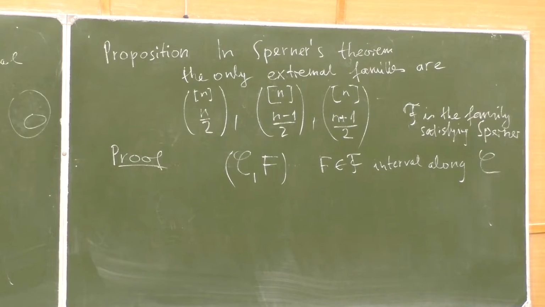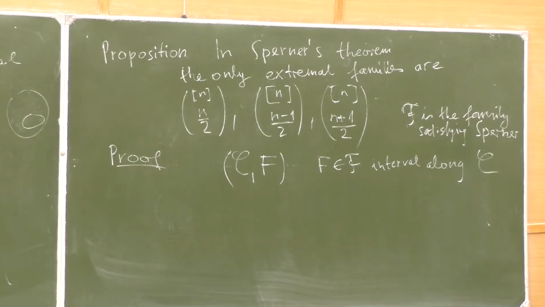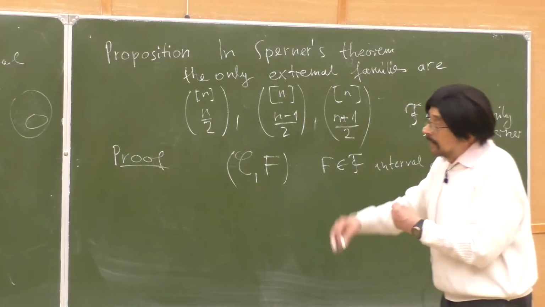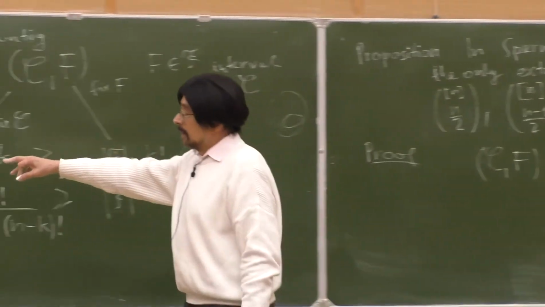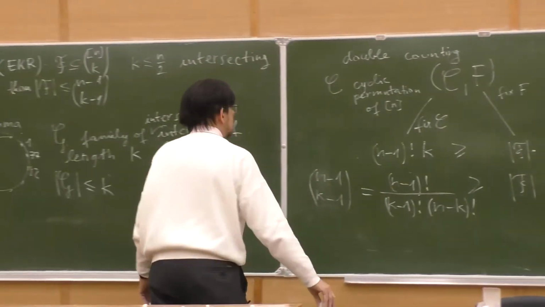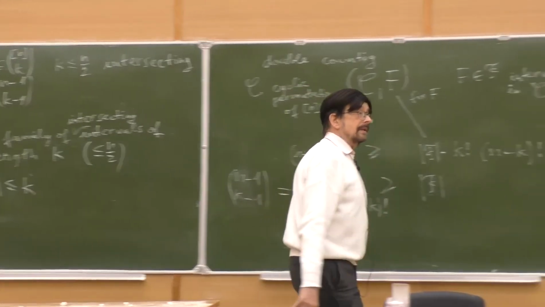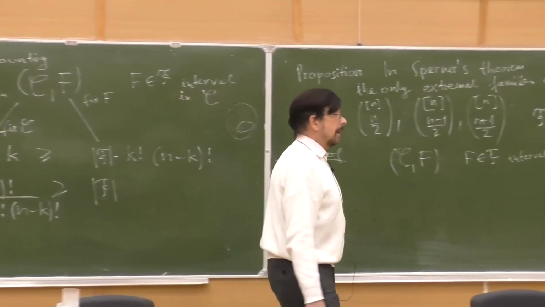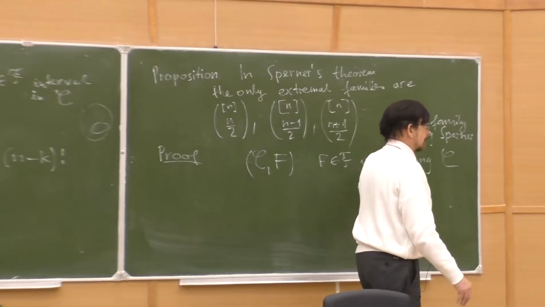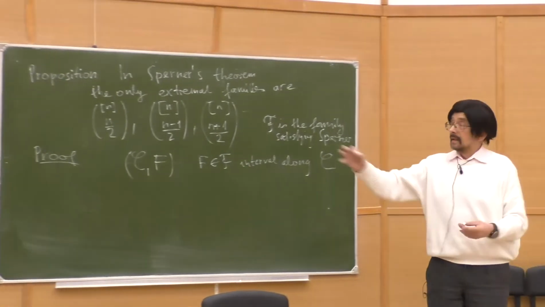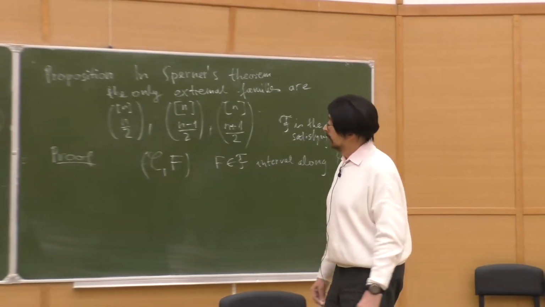So we do the same thing again, that we mix the elements in a cyclic way, and we consider those members of the family which become an interval here.